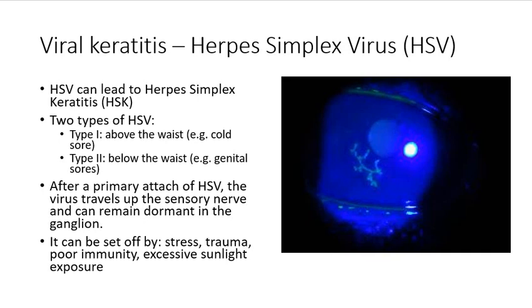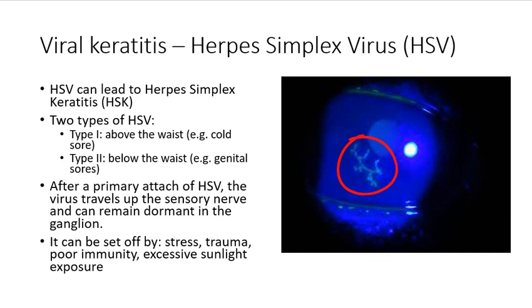Now, the dendritic ulcer is shown here. On the right hand side, there's a picture of the cornea, and it's stained with fluorescein, and a cobalt blue light is shone onto it using a slit lamp. And you can see that dendritic ulcer, which looks like tree branches, there on the inferior part of the cornea.